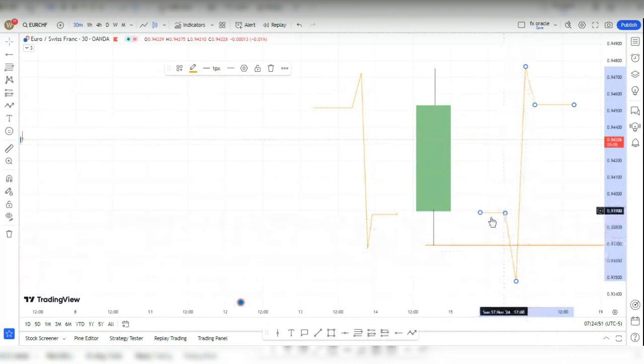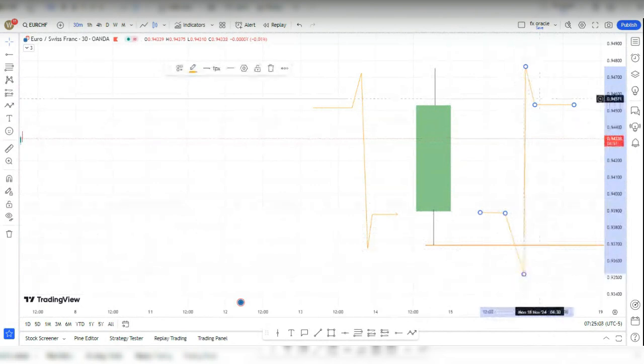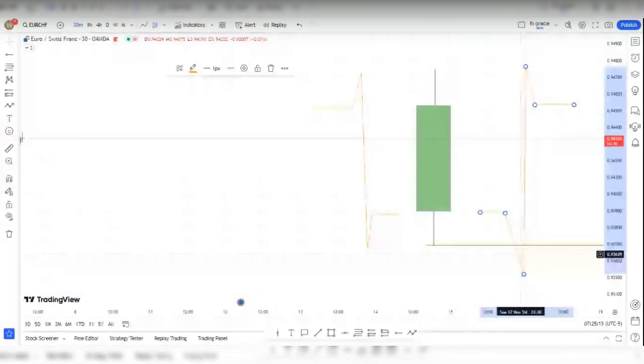Price, knowing that there is a lot of order, heavy orders on this level, will seek to manipulate this level before it goes in its desired direction. That is what we call liquidity. They'll seek to liquidate everyone that has placed their position, whether sell or buy, at this level.